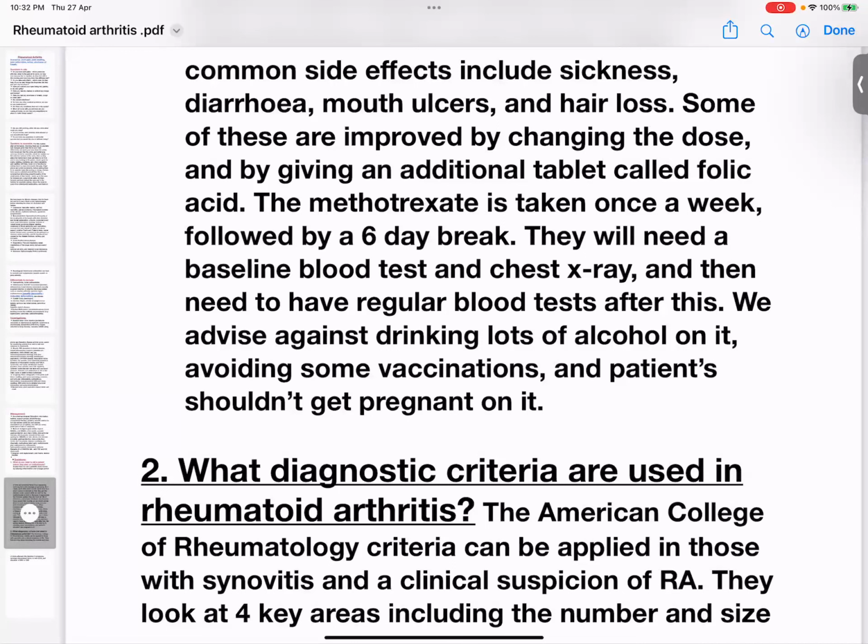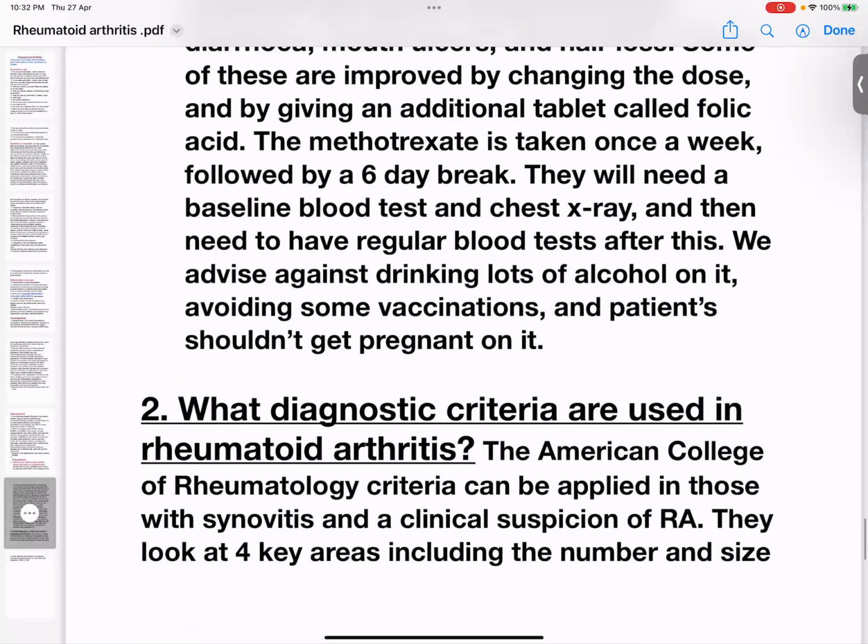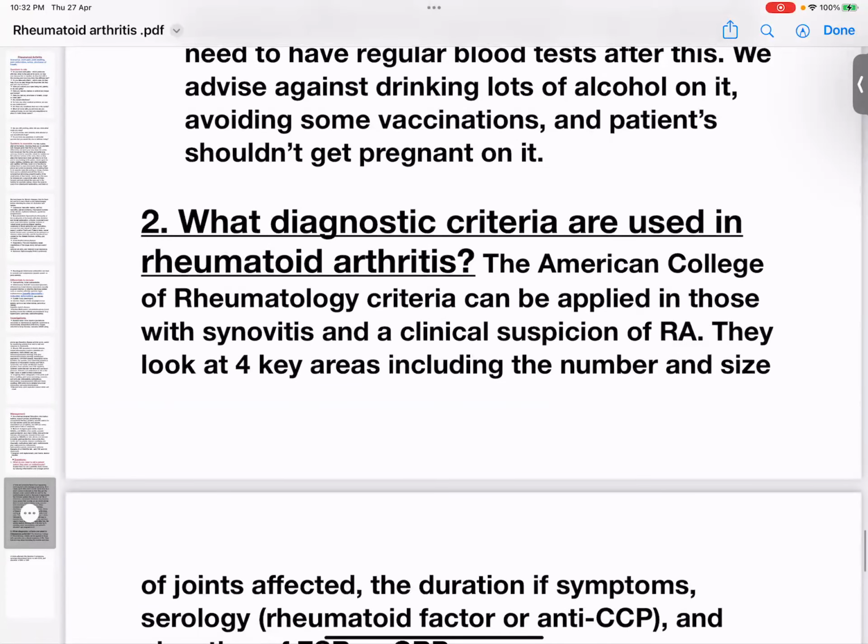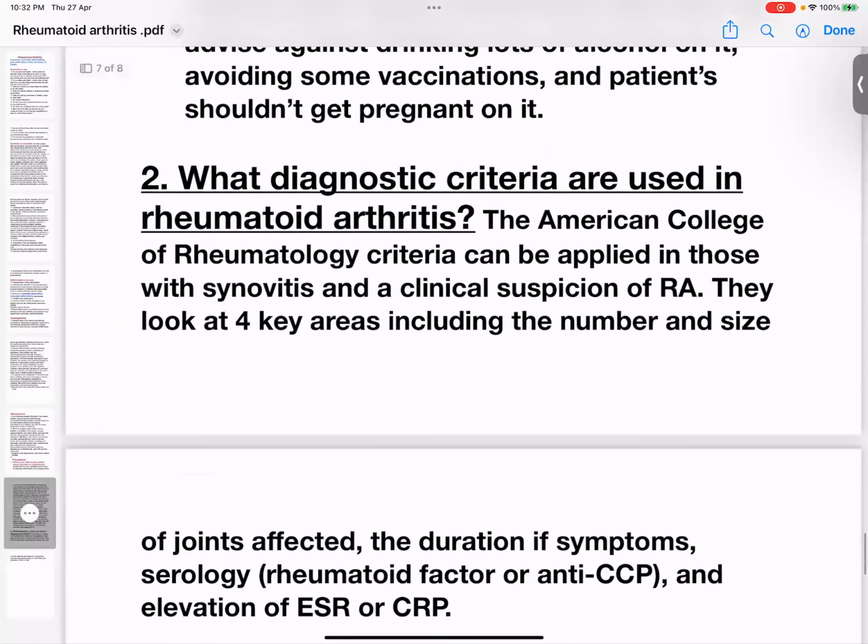So you should do regular blood tests, X-ray, liver function test and white blood cell count, and ask whether the patient is drinking a lot of alcohol, because it's not advised to drink alcohol while taking the medication. There should be avoidance of some vaccinations, and the patient shouldn't be pregnant on it. So the patient should seek advice about pregnancy while taking the medication.